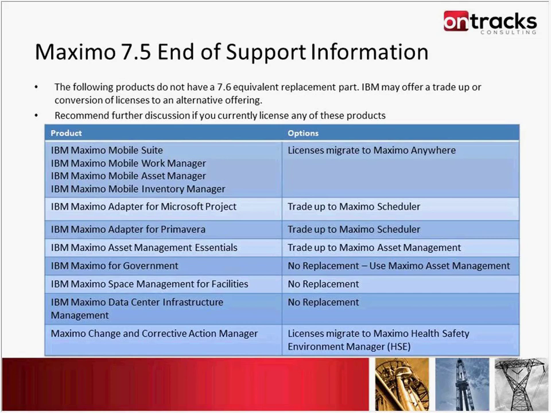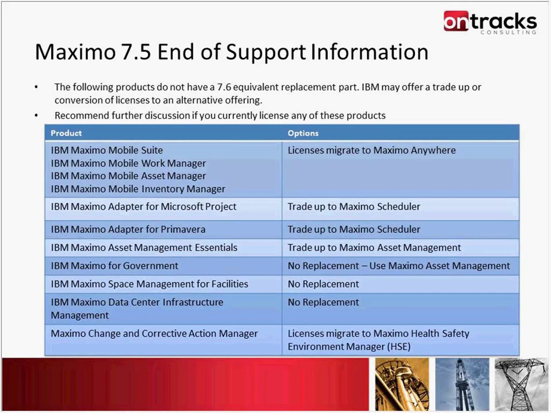If you have the Maximo Mobile Suite in Maximo 7.5, those licenses potentially would migrate to the Maximo Anywhere product, which is the mobile suite. The Microsoft Project Adapter and the Primavera Adapter you potentially could trade up to the Maximo Scheduler product.